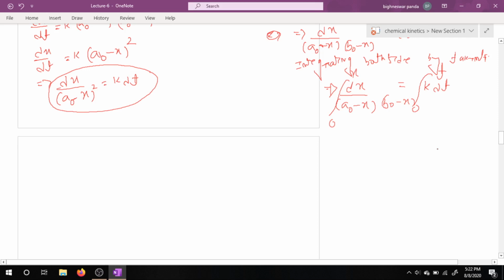You have already studied this type of integration, and we can solve it by partial fractions.